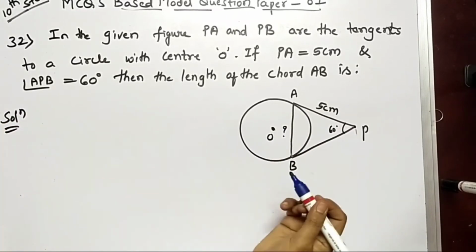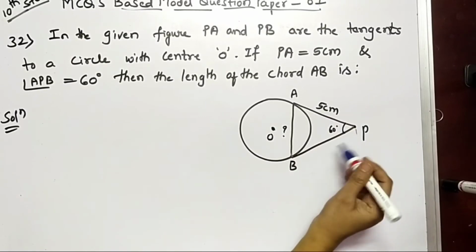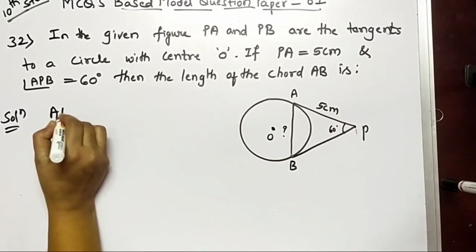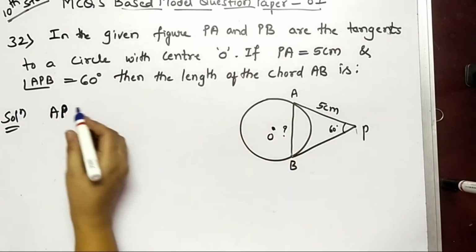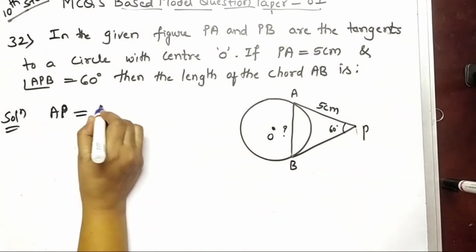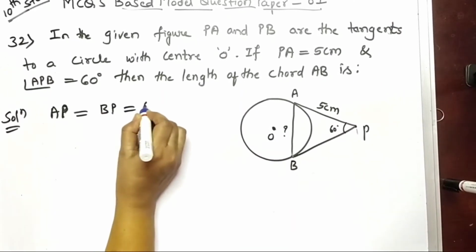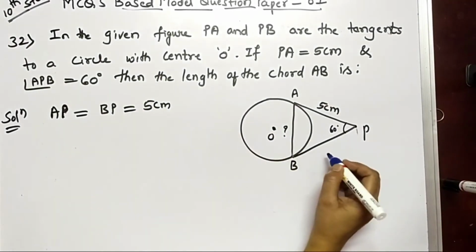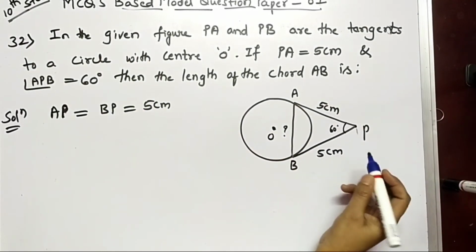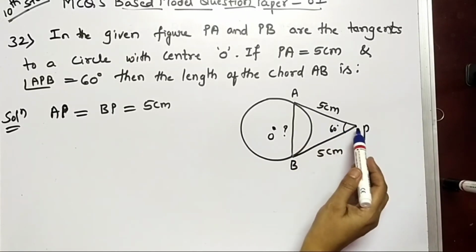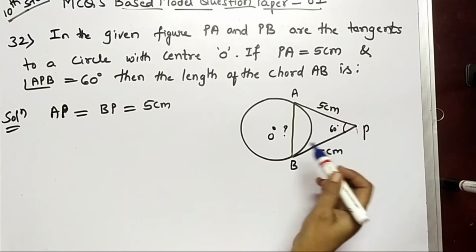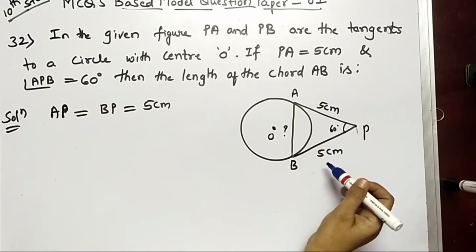See here, these two, AP and PB, are tangents. So the condition is both the tangents are equal. AP is equal to BP, that is equal to 5 centimeter. Tangent property: two tangents drawn from the same point outside the circle are equal.